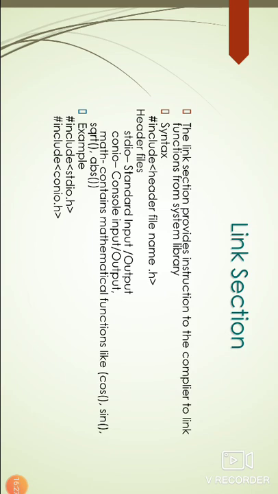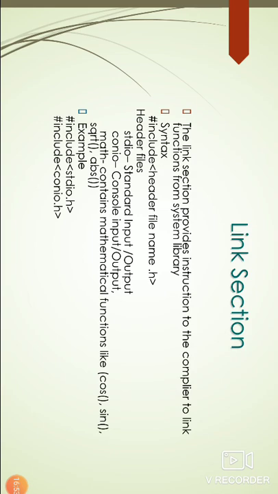In these header files we have different types. First one is stdio, that means standard input output. Next one is conio, that means console input output. Next one is math, this contains mathematical functions like cos, sine, square root, absolute, like that.